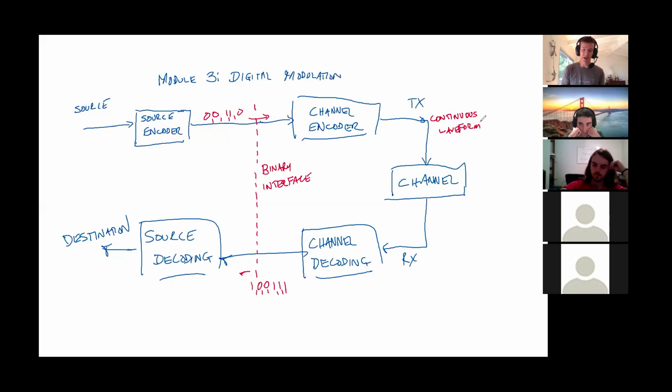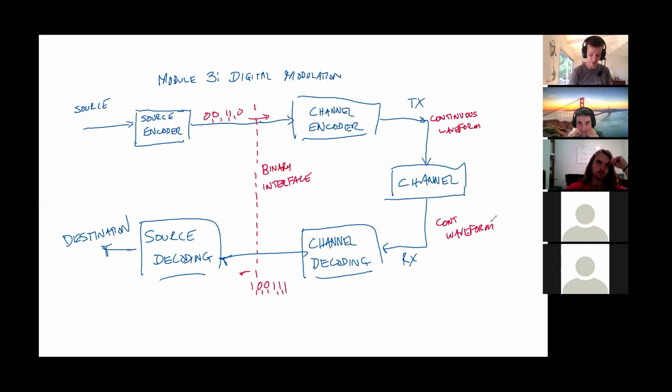We might model that channel as operating in discrete time, but the physical reality is that it's a continuous time world, and we're just living in it. So same over here. This is continuous. And then whether the source or the destination is continuous or discrete, that is kind of unclear.